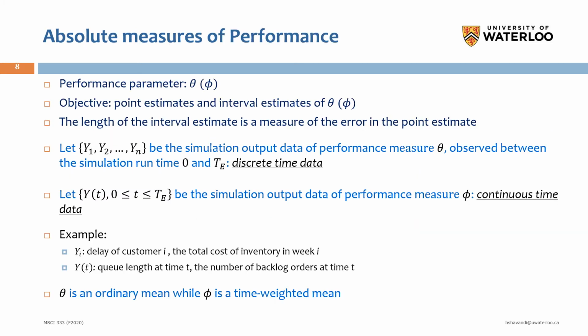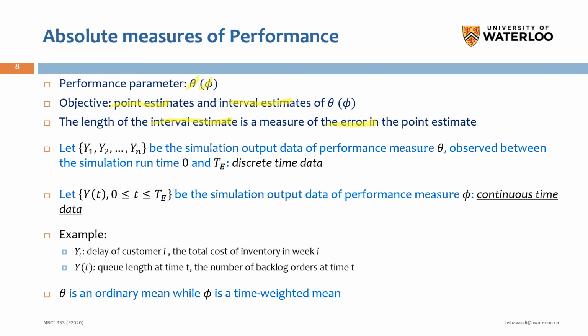Here we show the performance measures by theta and phi, and our objective here is providing point estimates and also interval estimates for theta and phi. The length of the interval estimate will be a measure of the error in the point estimate.